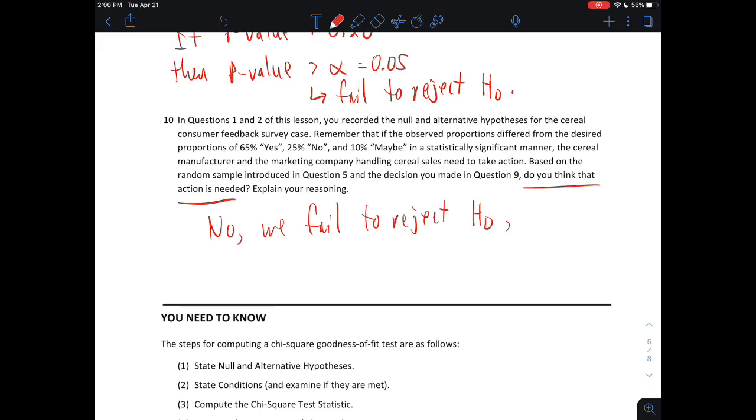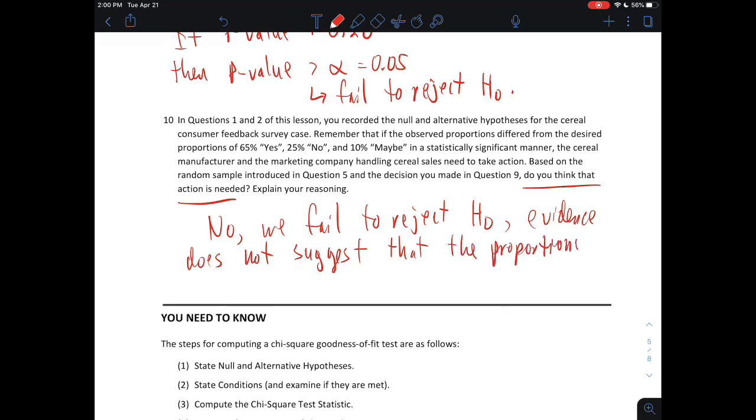So the evidence does not suggest that the proportions are different in a statistically significant manner.